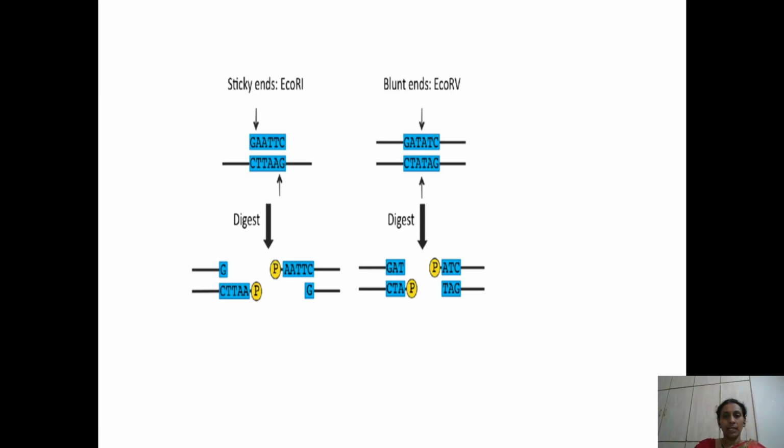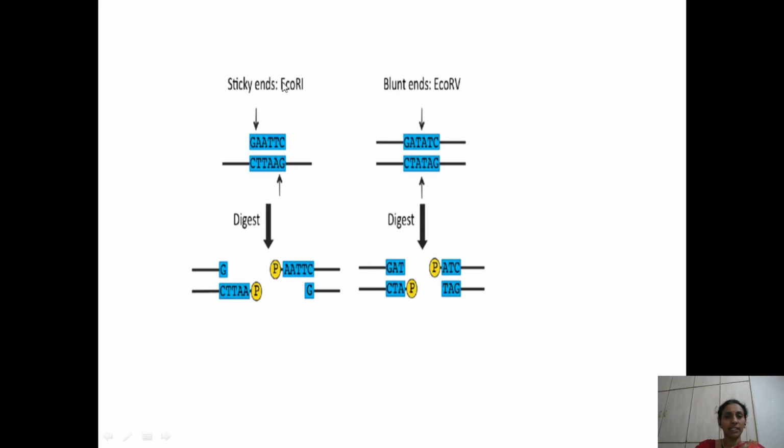So when DNA is cleaved with EcoR5 enzyme, the ends will be like this. So two equal halves. So the length of the two strands will be equal in case of blunt ends.